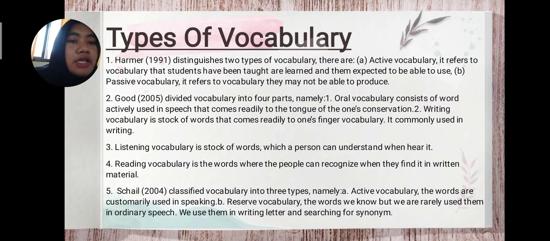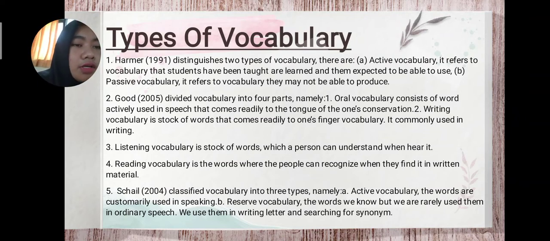Listening vocabulary is the words which a person can understand when hearing them. Reading vocabulary is the words that people can recognize when they find them in written material. Scale, 2004, classified vocabulary into three types, namely active vocabulary: the words customarily used in speaking.